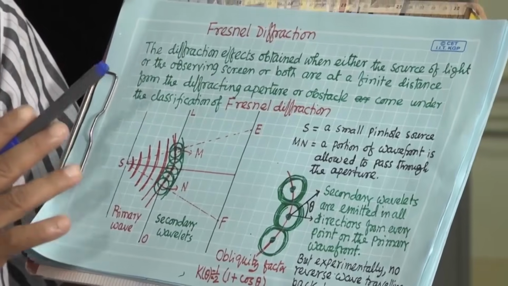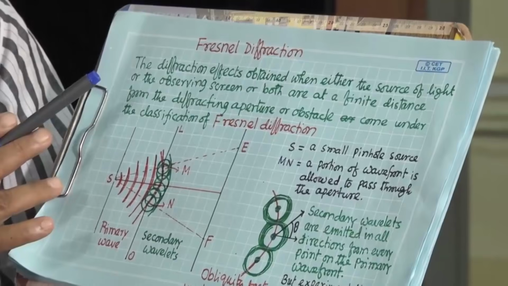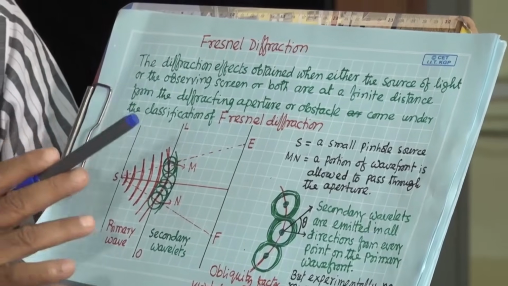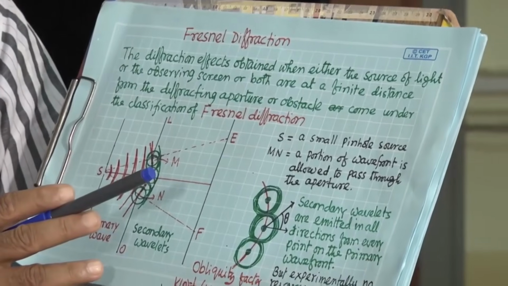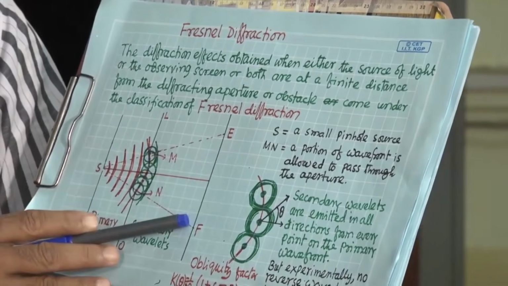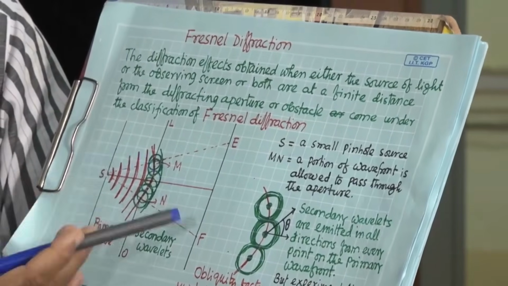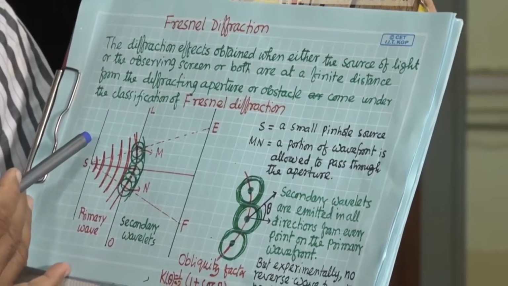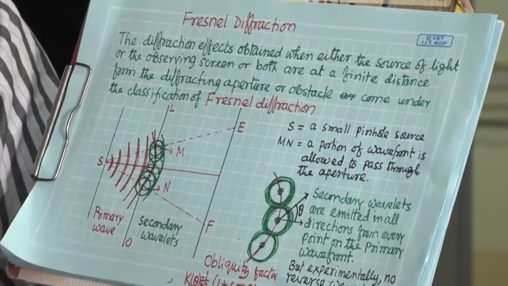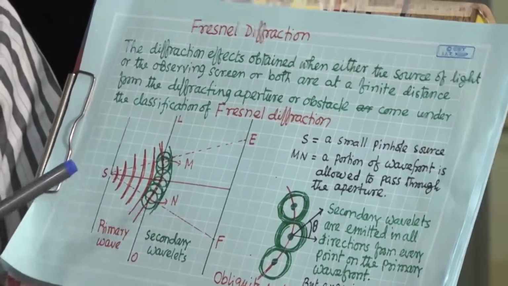In Fresnel diffraction, the object and the screen, either both or one of them, will be at finite distance. If both are at infinite distance, then we call it Fraunhofer diffraction.